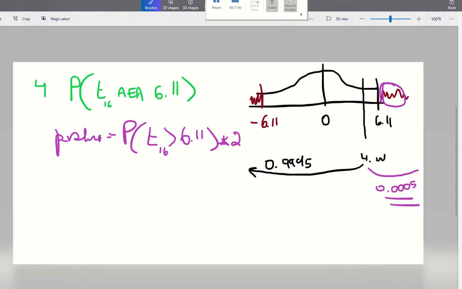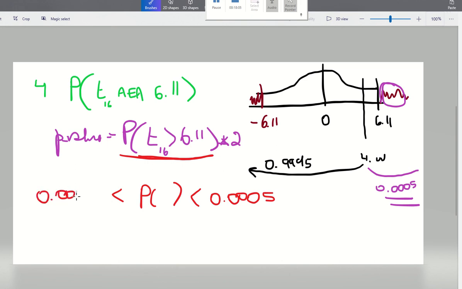But remember, I need to multiply by 2 to get to the p-value. So the probability right here, before I multiplied by 2, is somewhere between two values. It's definitely smaller than 0.0005, but it's definitely greater than 0.0000, meaning 0.